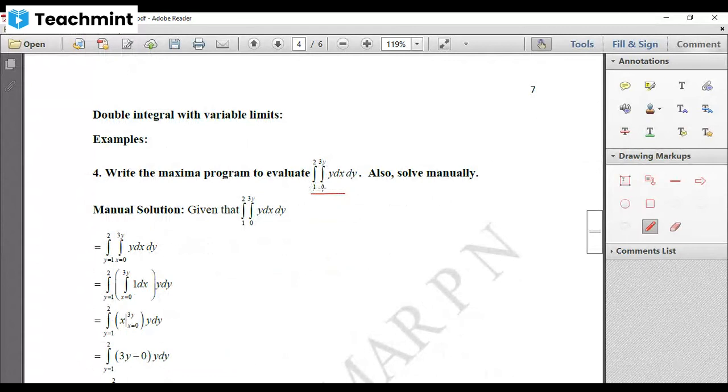And when this is x, this should be y, right? You don't have to worry about this. You can interchange the derivatives. But the only thing, you have to see the limits here in the case of variable limits. Here, because this limit contains y, obviously this should be the limit for x, and when this is x, this should be y.